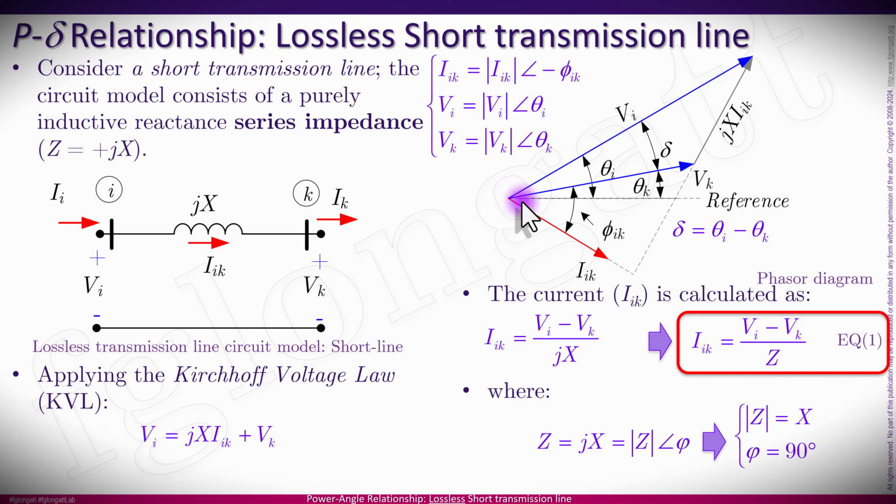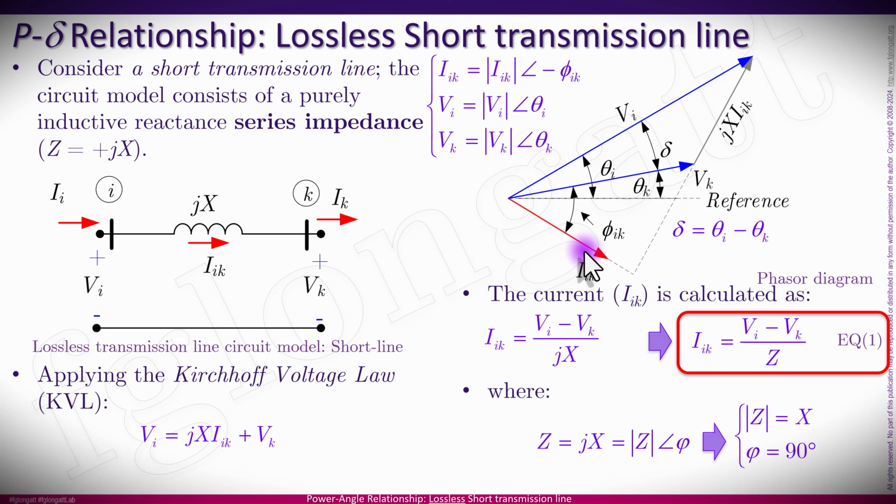Now what I will show you is the phasor diagram. Here on the top right hand side, you can see that I include a dotted line. This dotted line is defining the reference, and we are plotting in red color the current that is moving in the series impedance.